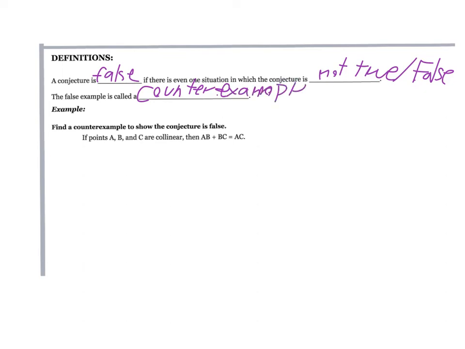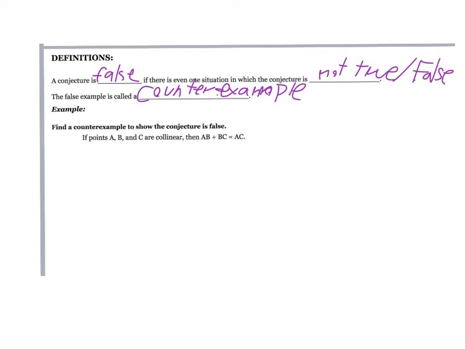Find the counterexample in this example. Show that the conjecture is false. If points A, B, and C are collinear, then AB plus BC must equal AC.